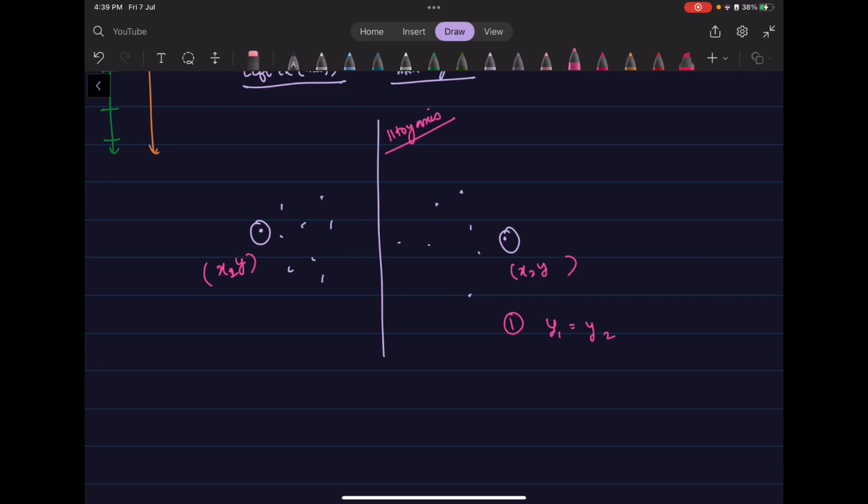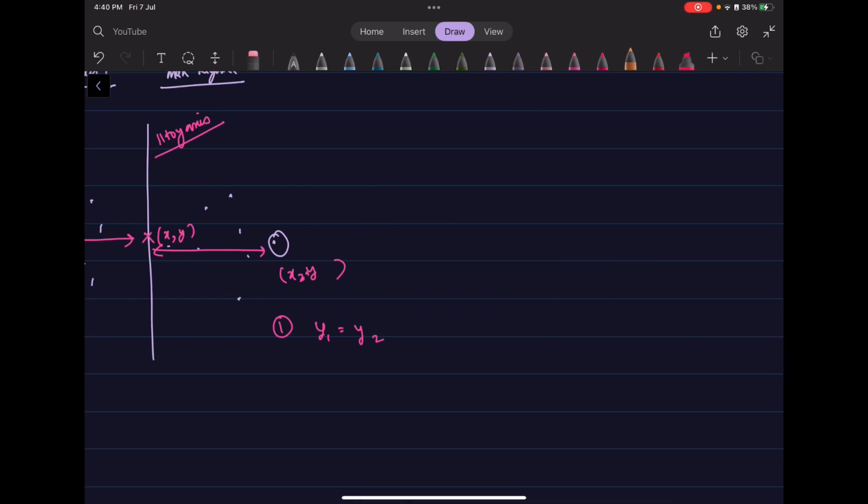Now if it is true that they are mirror images across a line, then what would that line be? If you see, if this is that line, right? This point would be some x comma y. This is x1 comma y. This is x2 comma y. This would be x comma y, let's say. So we can also say that this distance is equal to this distance.